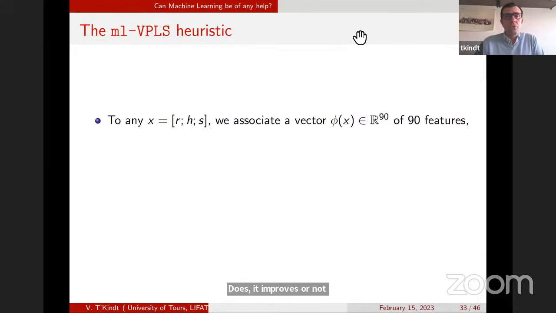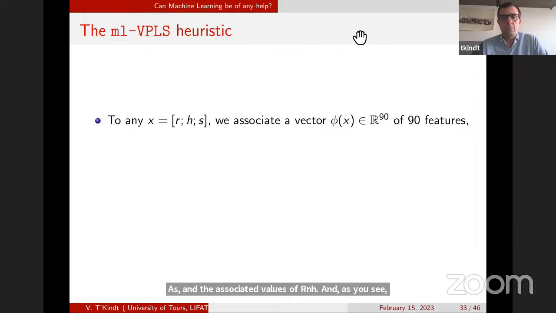And so we'll use an approach based on features. So what we'll need is, for any solution S and values of the parameters R and H, a vector phi of X of features, so of values which describe the solution S and the associated values of R and H. And as you see, we have set 90 features.